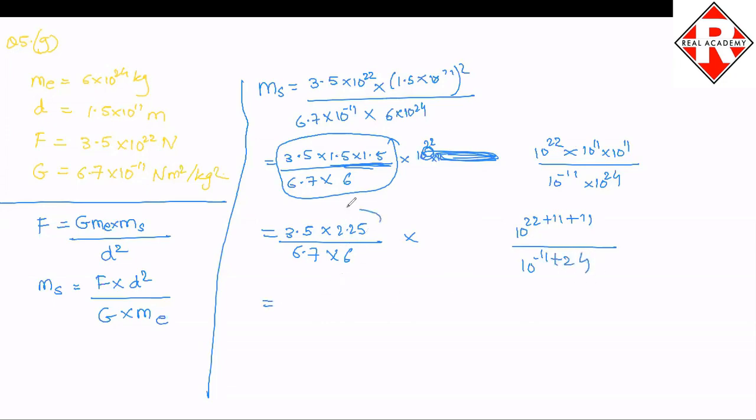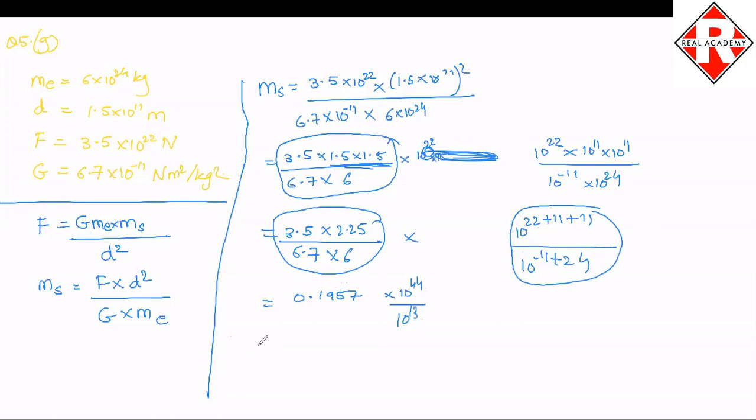So if you solve this part, it will become 0.1957. Again, this is going to be a lengthy calculation. और ये क्या हो जाएगा? This part, it will become 10 raised to 44 upon 10 raised to 30. It is same as writing 0.1957 into 10 raised to 31.